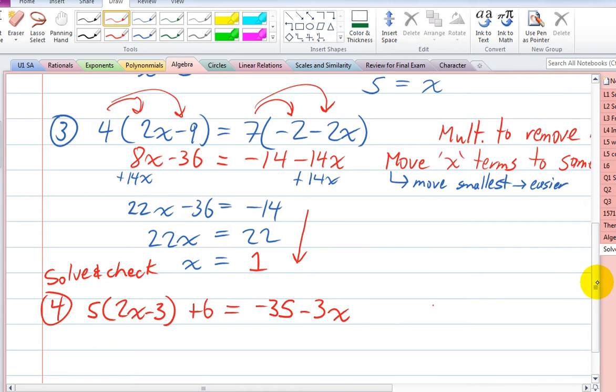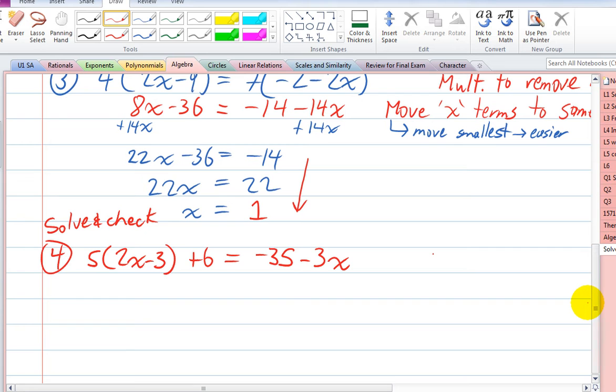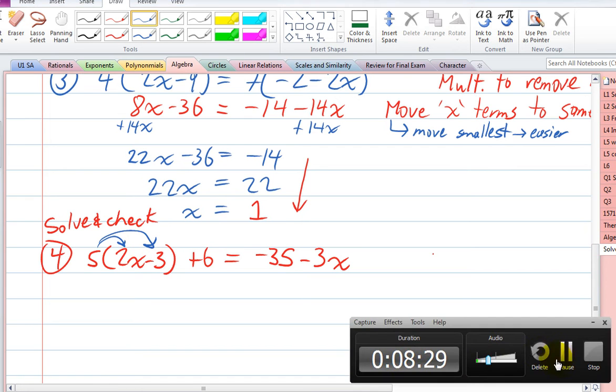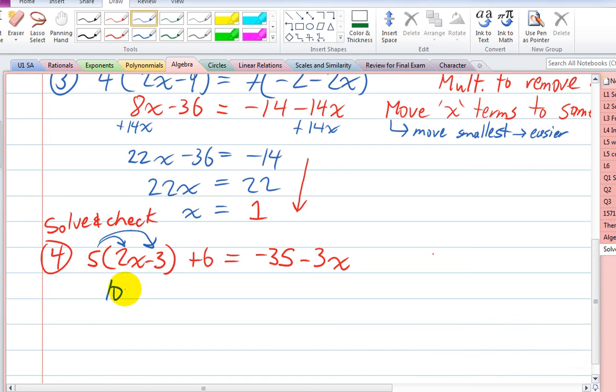Okay. We're almost as hard as we're going to make these ones. So the first thing I want you to do is multiply in after you write it down. Go. Once we multiply it out, we get 10x minus 15 plus 6 equals negative 35 minus 3x.